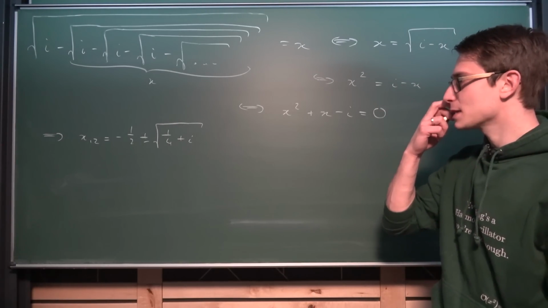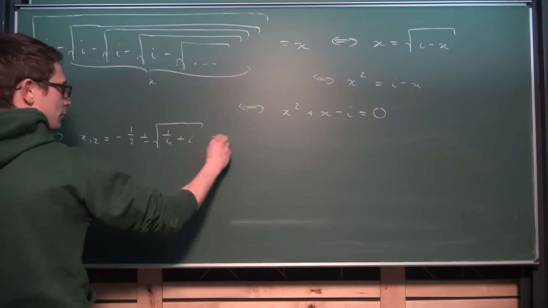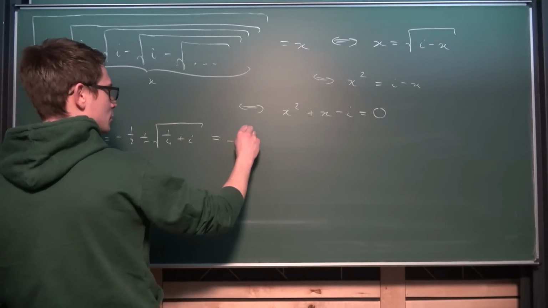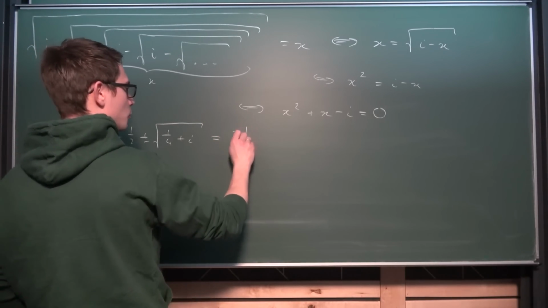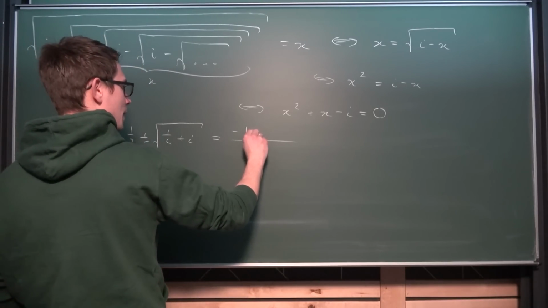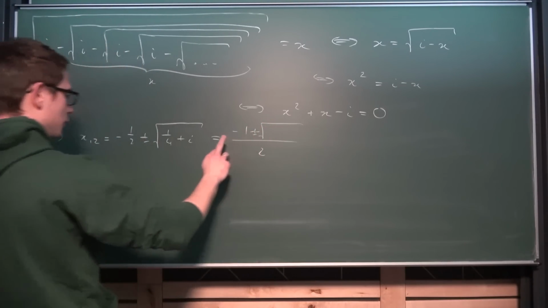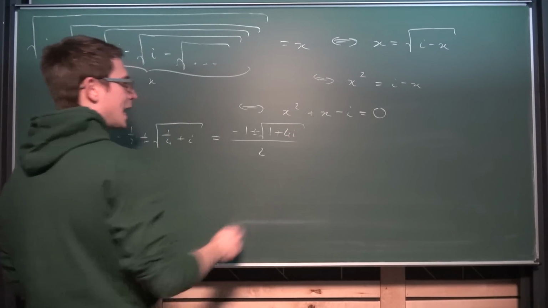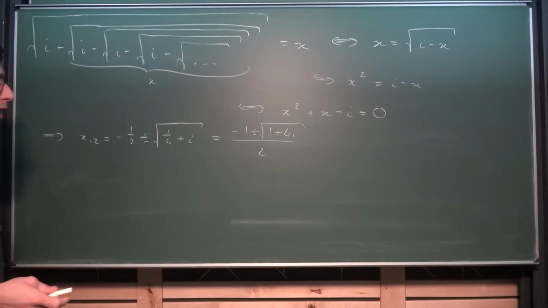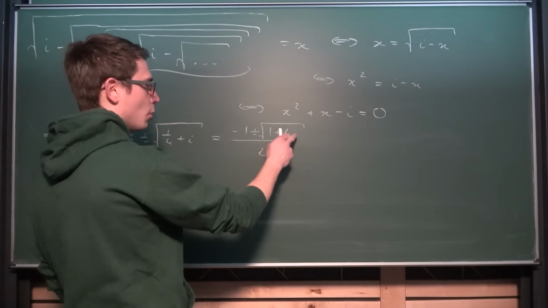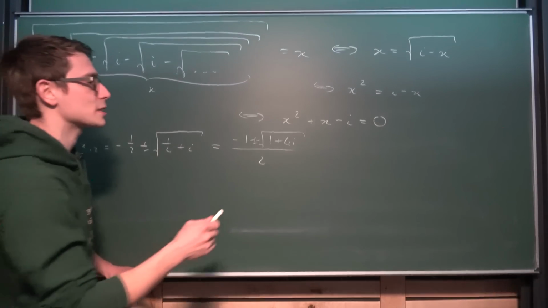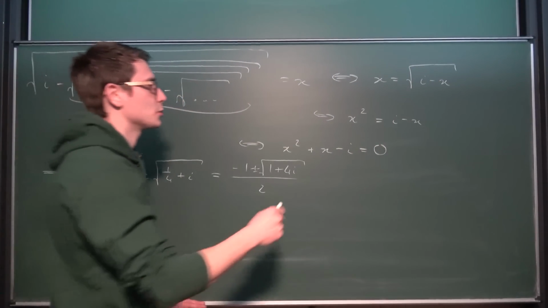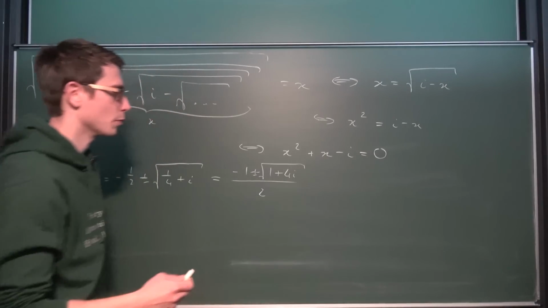Other than that, if we bring it into the typical American form for the quadratic formula, this turns into negative 1 over 2 plus or minus the square root of 1 plus 4i. I mean, this is the only interesting part here. I guess we still have a complex square root, which kind of leads us back to the original equation, because we wanted to rationalize this in some kind of way.